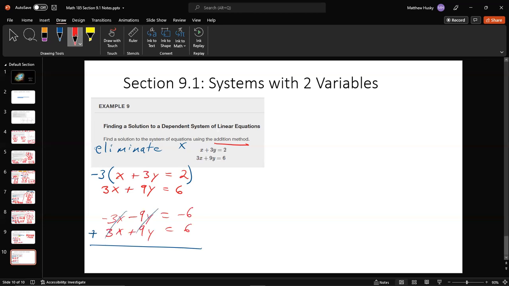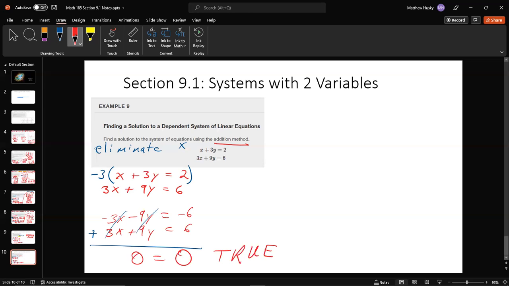Both of them do. -9 plus 9 is going to give you 0. -6 plus 6 is also going to give you 0. And lo and behold, you get the very profound mathematical statement that 0 equals 0. I bet you're all glad you're paying good tuition money to take a highfalutin math class to learn such profound truths as the fact that 0 is equal to 0.